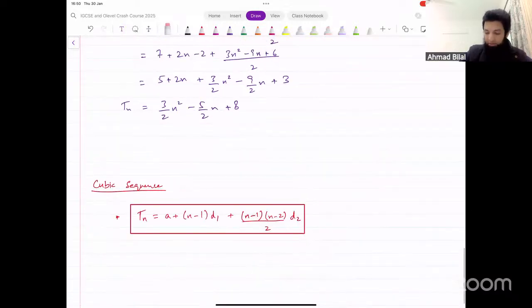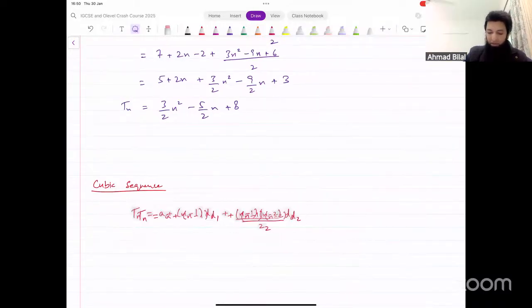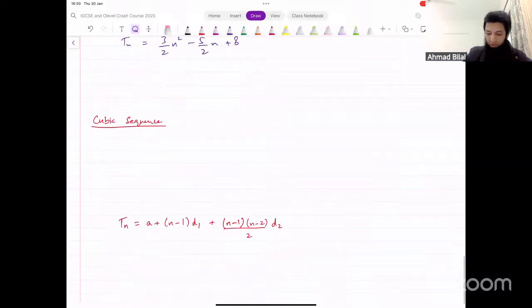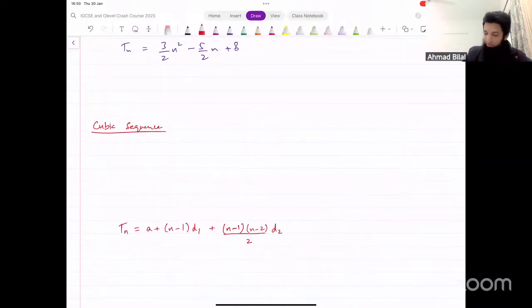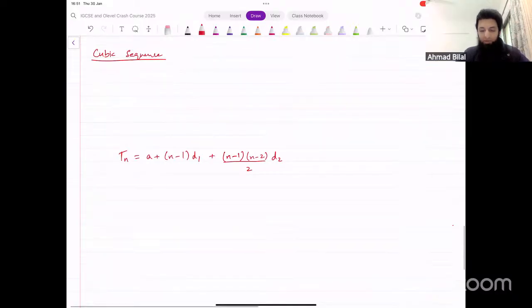So in case, by any chance, you end up having to do it in the exam, you know how to do it. Okay. Now, that's just an extension of the same formula that we used before. What was the formula for the quadratic sequence? It's this that I've shown you on your screen right now.